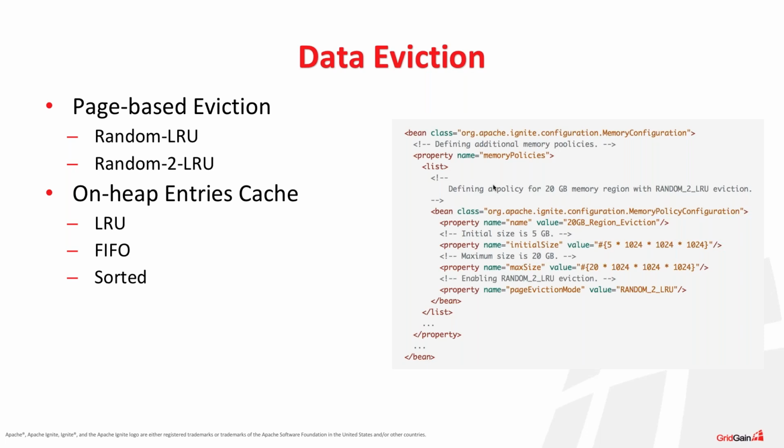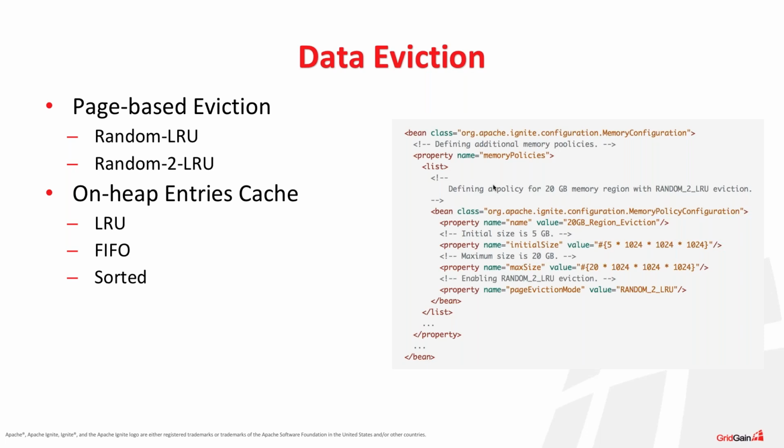And finally, as I said, the virtual memory is an off-heap memory, meaning that all the data is stored outside of Java heap. But there is an option to enable so-called on-heap caching for your records or cache entries stored in the off-heap region.